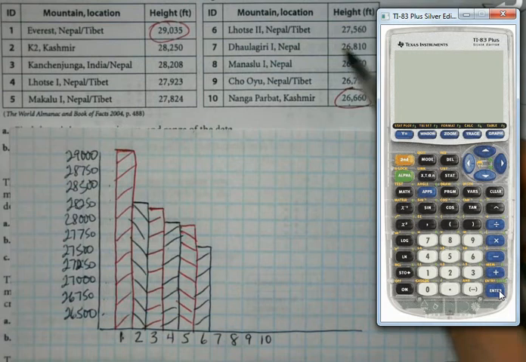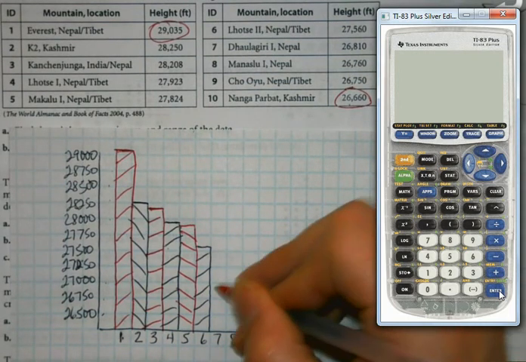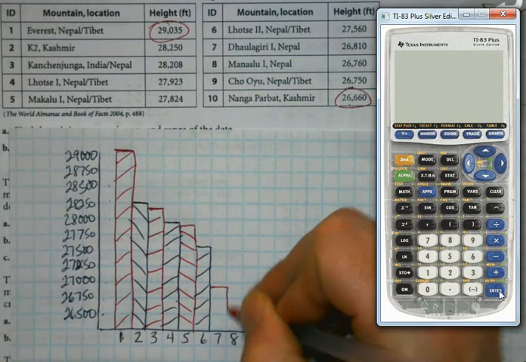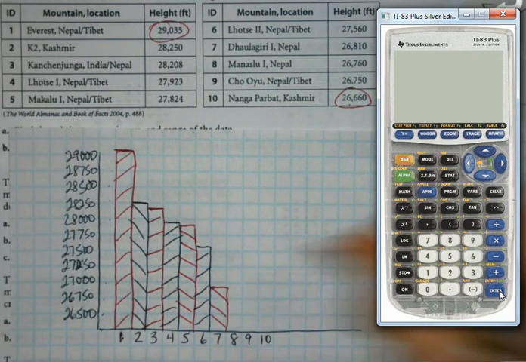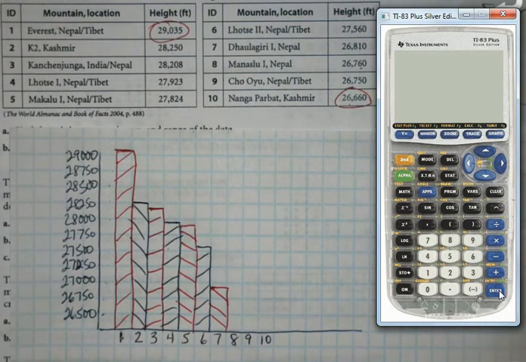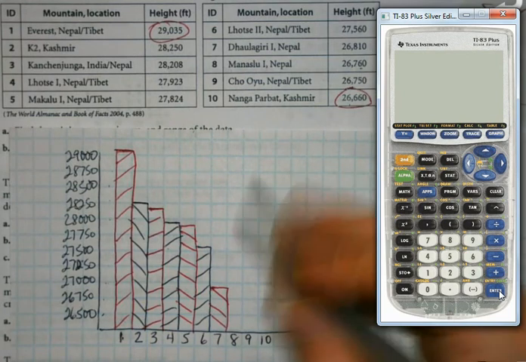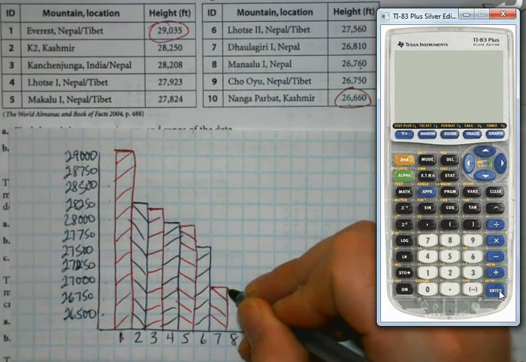Then number 7 is a little below 27. What's that? Are we going to turn this graph? Oh yeah, because this is part of the worksheet. Yep. And then 8's barely below that last one.